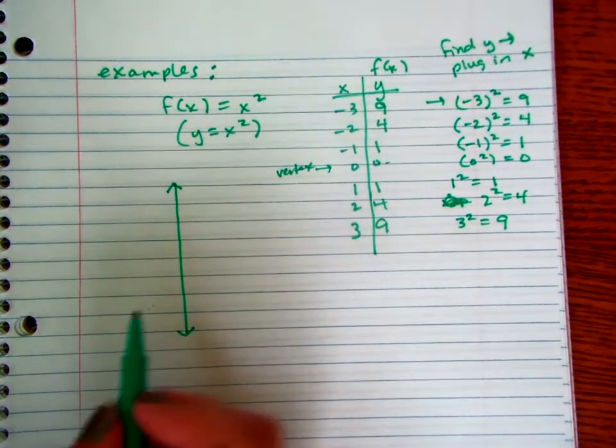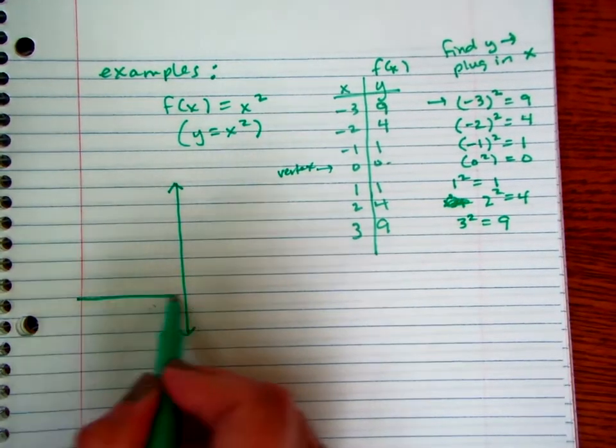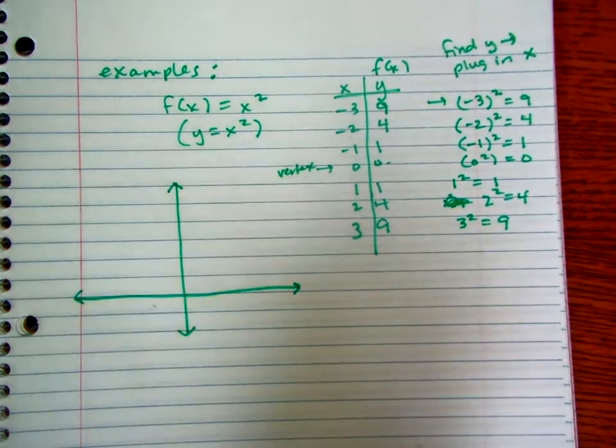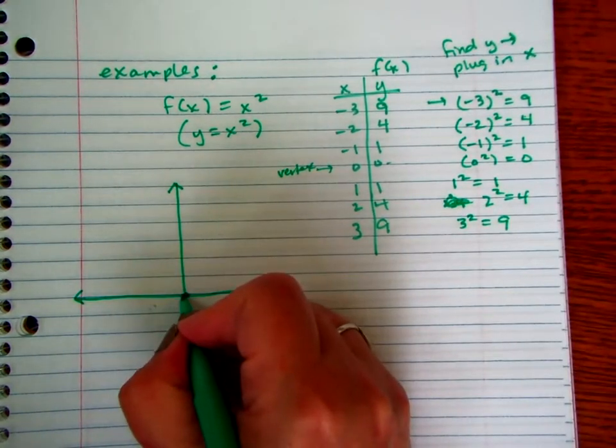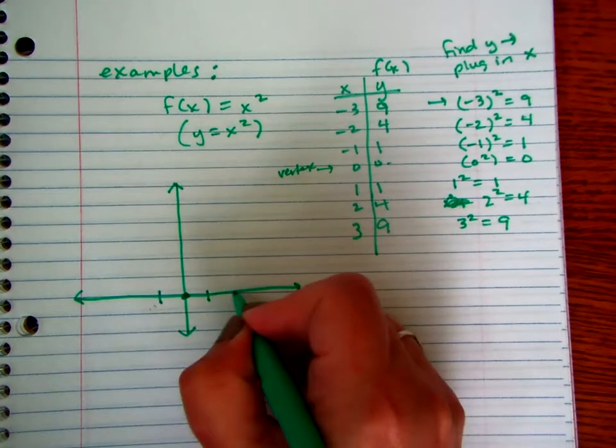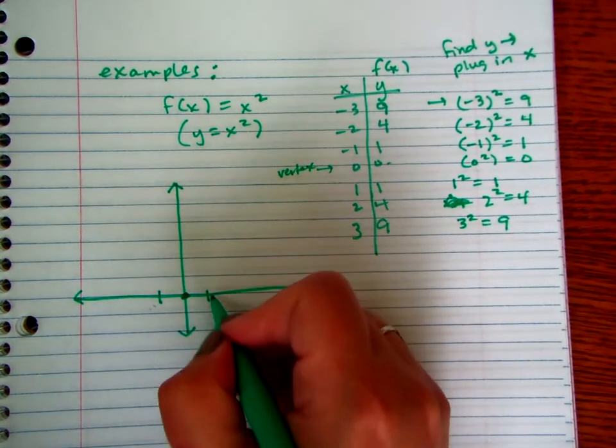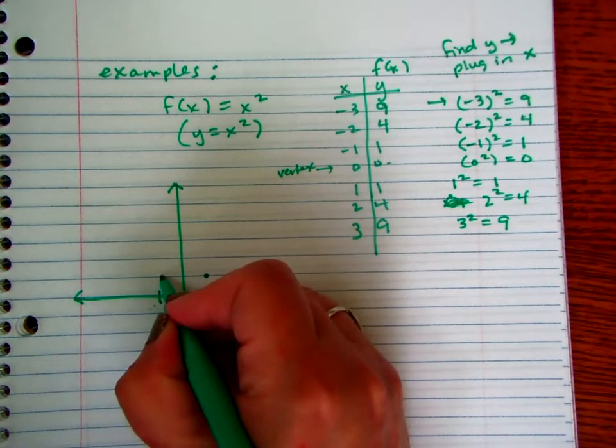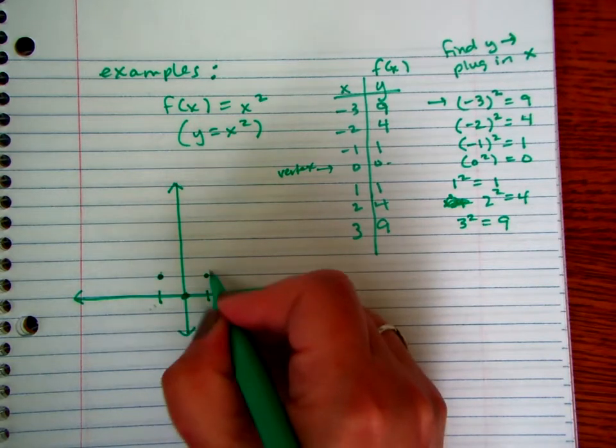And then later I'm going to show you how to do quadratics that are a little more tricky than this one. What I find really useful is to start with the vertex, and then go over. -1 was 1, and 1 was 1.